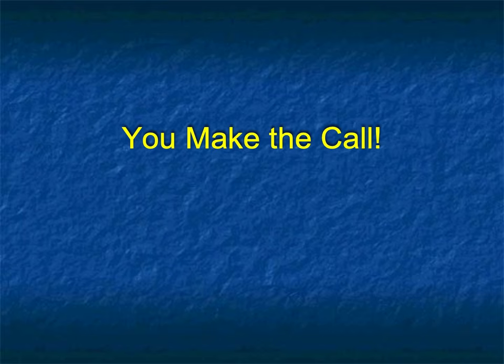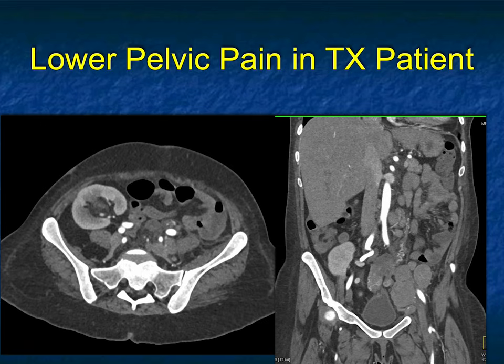Let's get started. Lower pelvic pain in a transplant patient. There are nodes in the mesentery, and there are bulky nodes in the left lower quadrant you can see here. When I see a transplant patient with bulky adenopathy, you have to worry the patient has developed a post-transplant lymphoma.